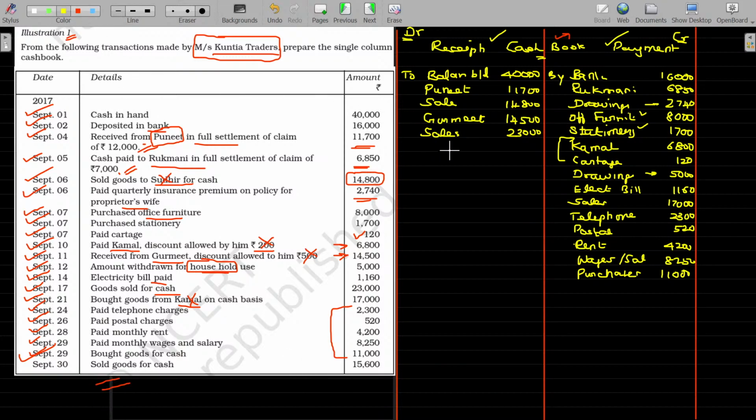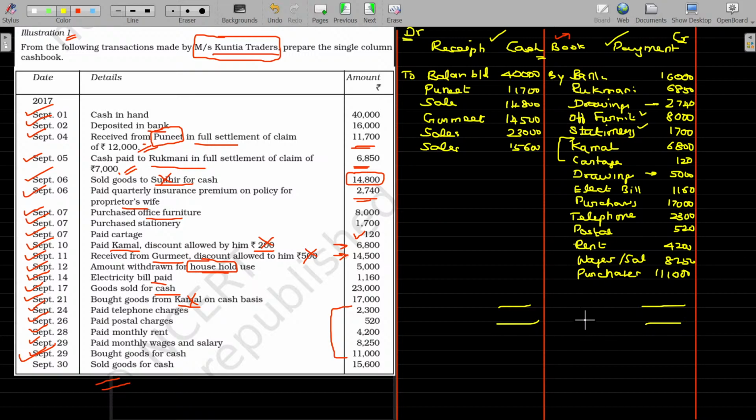So in the receipt side, sales being 15,600. Now total this. Okay, I stand corrected, this one is purchases. Now come on, total this.